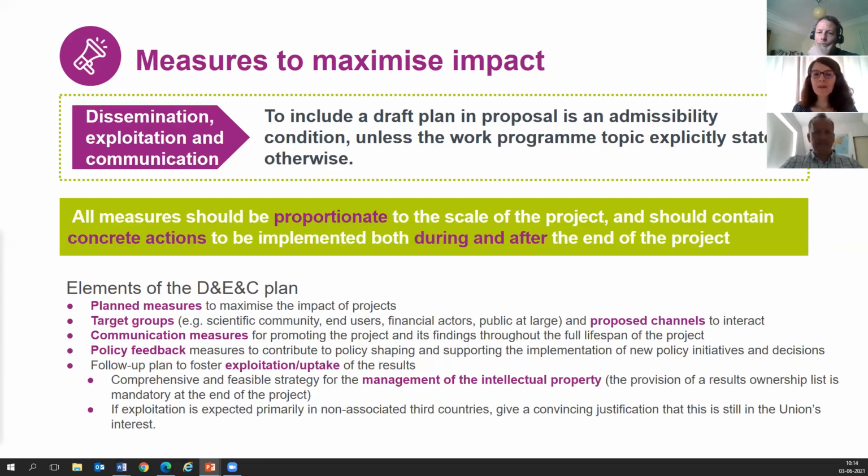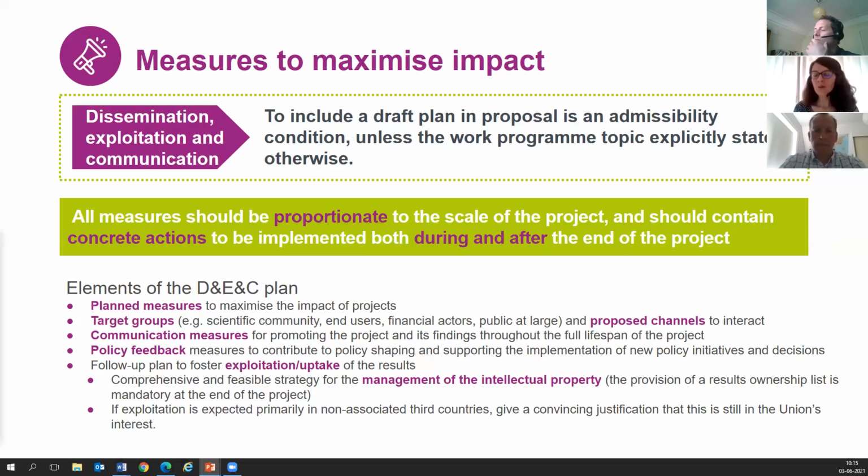So what would be the elements of this dissemination, exploitation, and communication plan? Well, of course, it will be the plan measures to maximize the impact of your project. It's hard to give examples because they can be really diverse depending on the nature of your activities. It will really depend on what you are developing under your project.